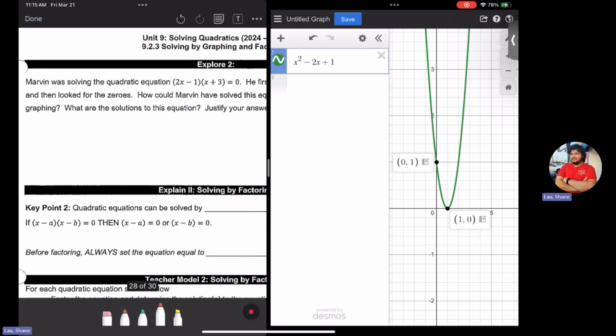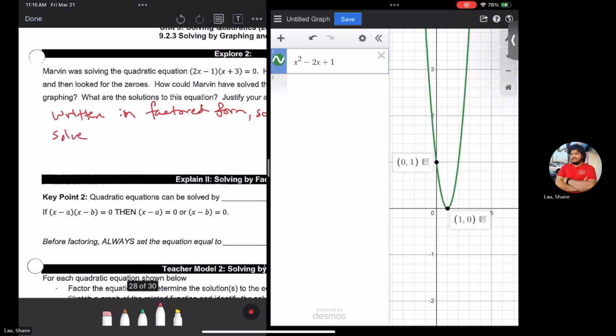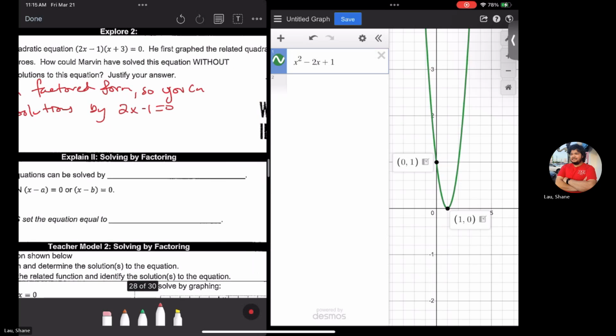So the thing that we should have noticed here is that this equation is written in factored form. So because it's written in factored form, you can solve for solutions by setting 2x minus 1 equals 0 and x plus 3 equals 0.